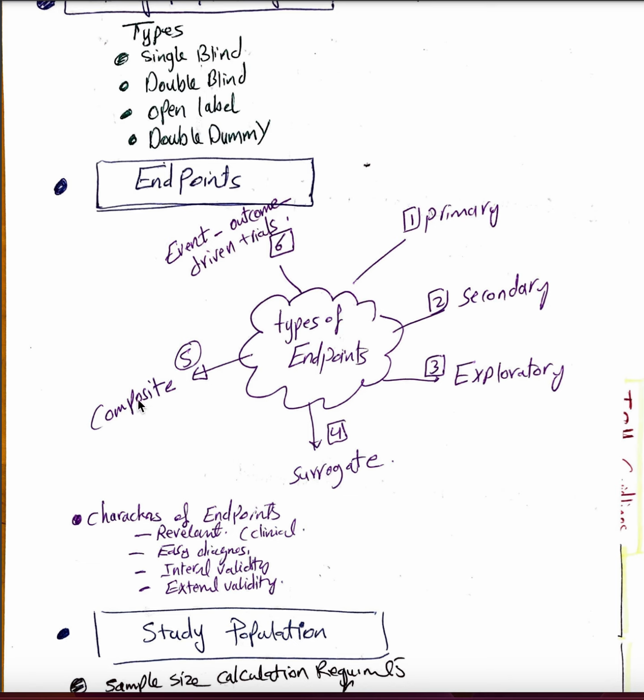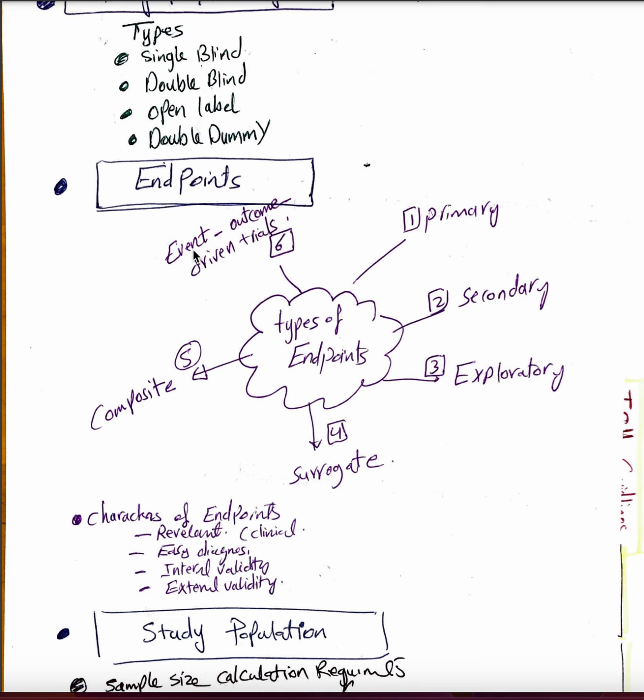And about the composite endpoints, from its name, we are collecting multiple outcomes, because it combines multiple outcome measurements in one measure. That's exactly what a composite is. And then we have the event driven outcome trials, like for example, we're waiting for a heart attack, or we're waiting for death, or waiting for something as a result, maybe serious effects.